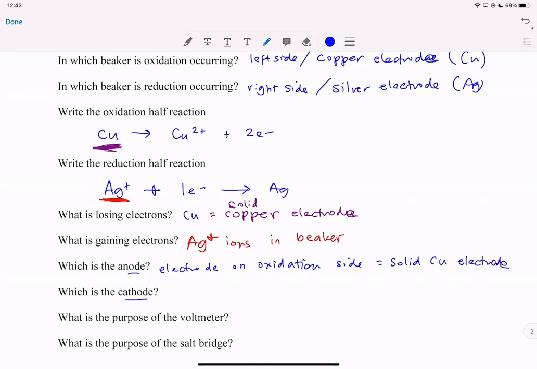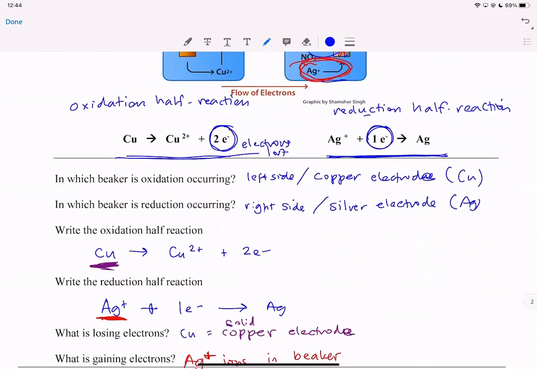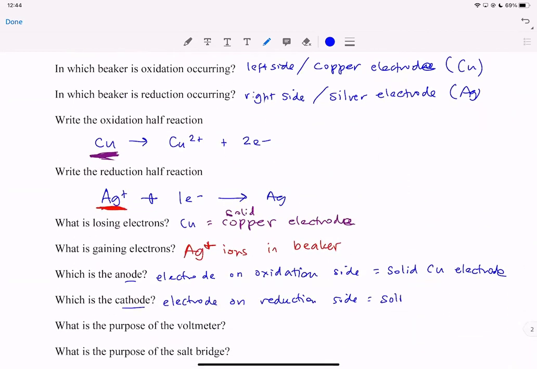And the cathode is the electrode that is on the reduction side. Going back up to the diagram, this is the reduction side, the reduction half reaction. So the electrode in the reduction side is that silver, the solid Ag, the silver electrode. So that's what the anode and the cathode are. They always have to be a solid piece of metal.